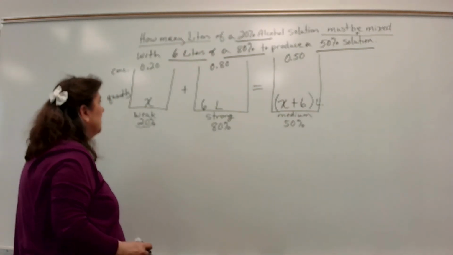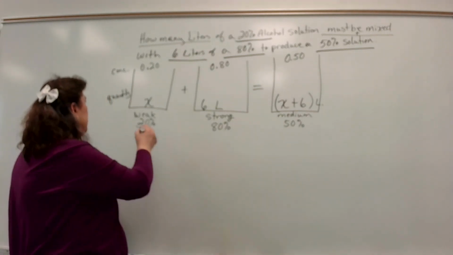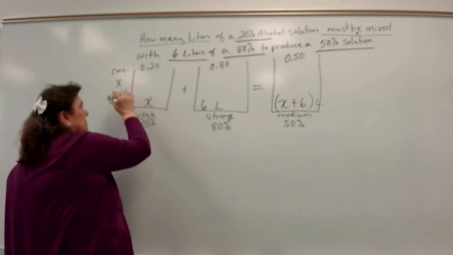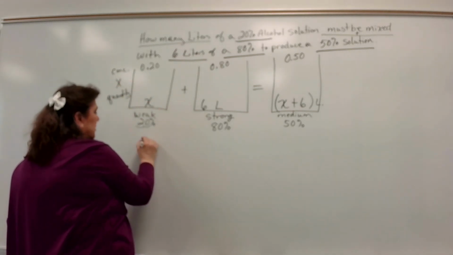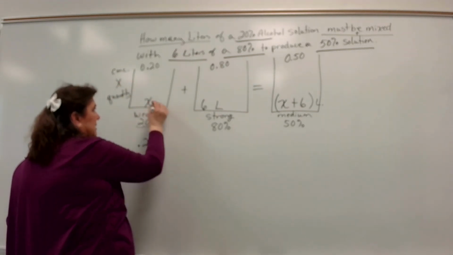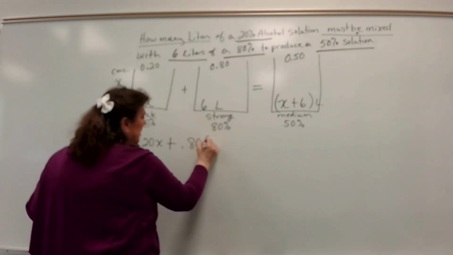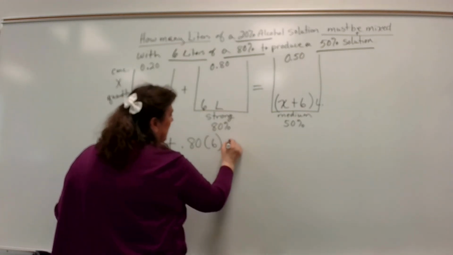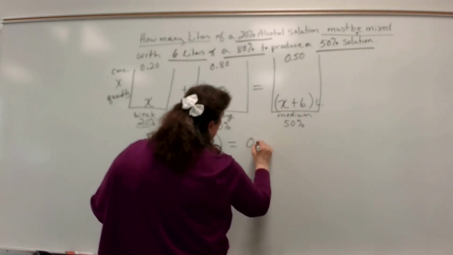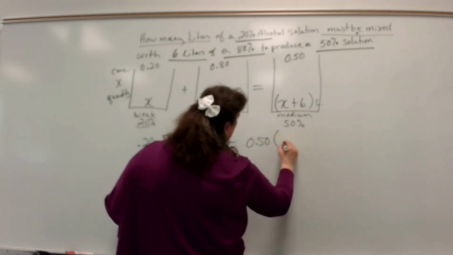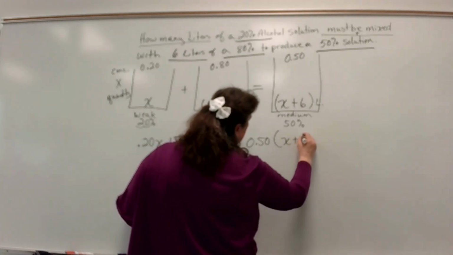Remember, to find out concentration and what it carries, you're going to multiply. So 0.20x, because it's times x, plus 0.80 times 6 is equal to 0.50 times (x plus 6).